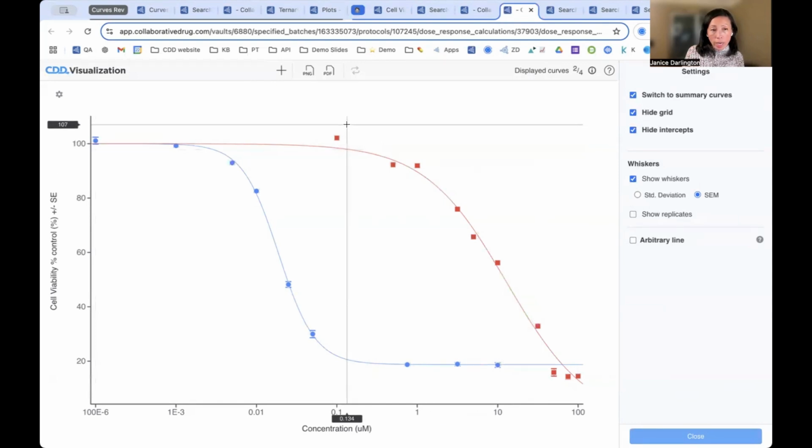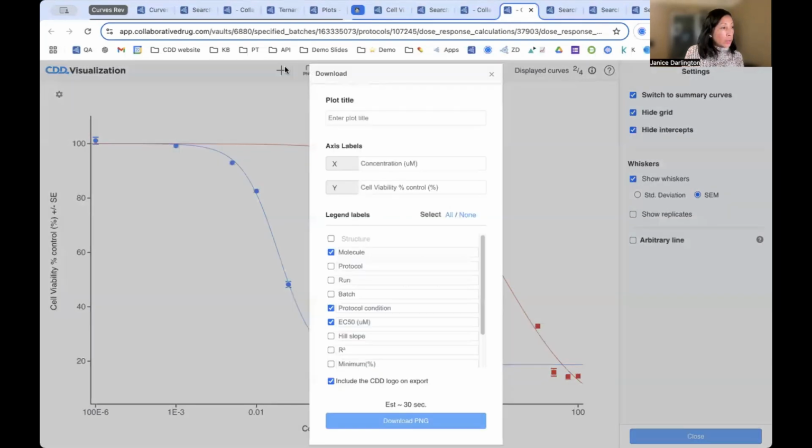Let's go ahead and now click onto PNG. And what I'd like to do is give this plot a title. So we'll call it my ALK positive H3122 cell viability. I've got concentration, that's right on the x-axis. Cell viability as a percent of control. I find this to be redundant, so let's go ahead and get rid of that.